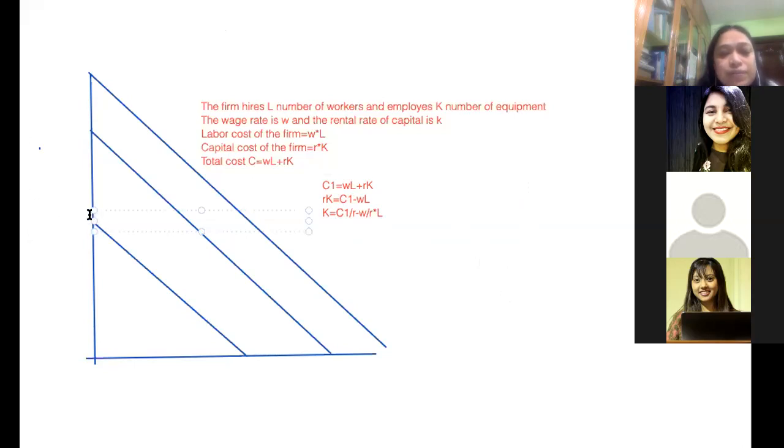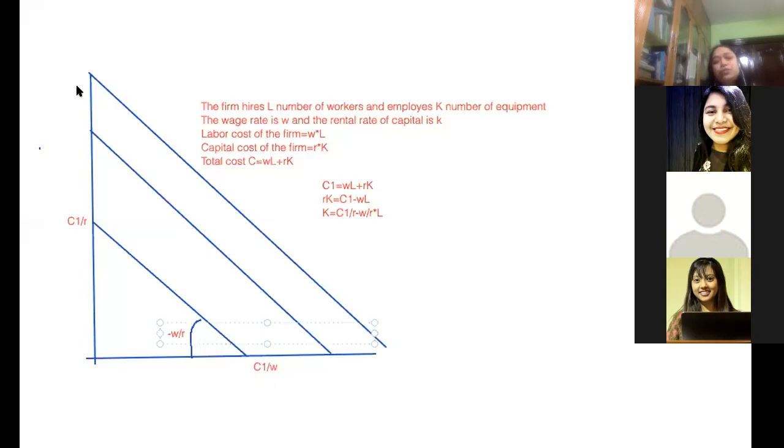So this point is C1 by R. On a similar note, this should be C1 by W, and the slope would be minus W by R. The minus sign is redundant because you can see that this is a downward sloping curve.